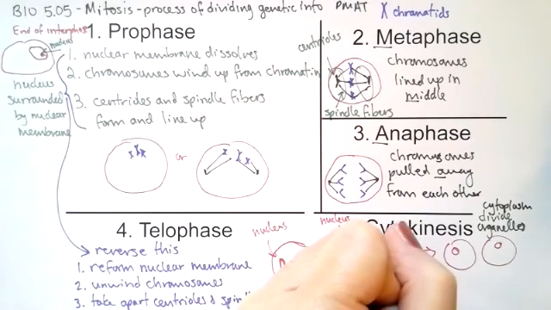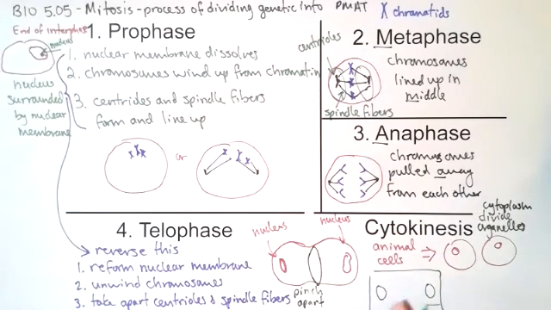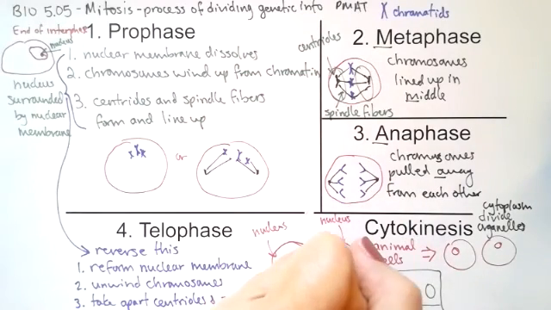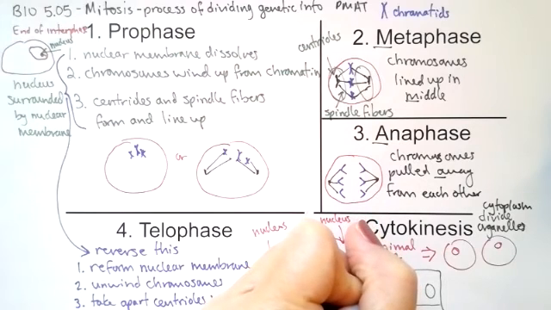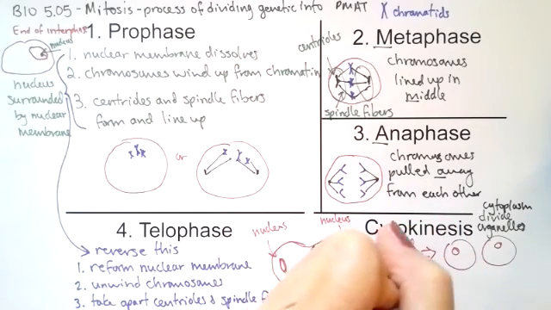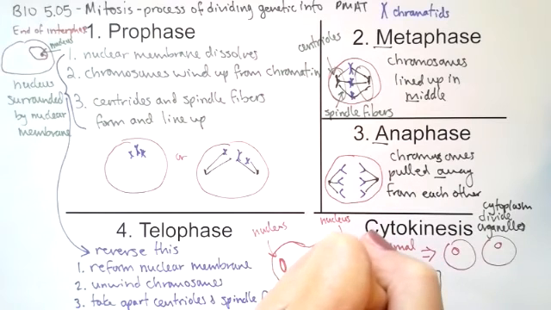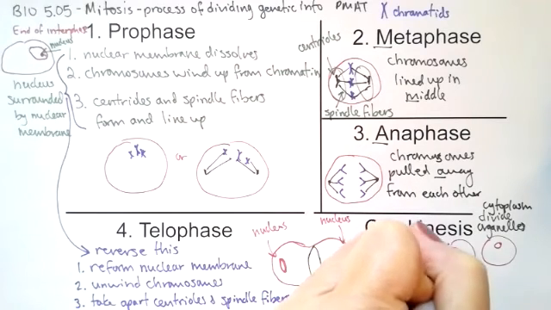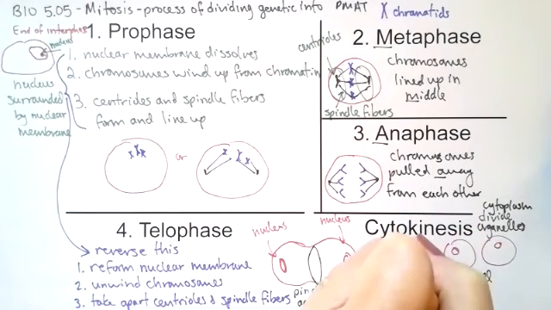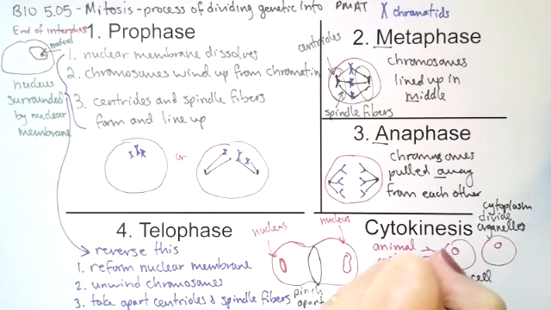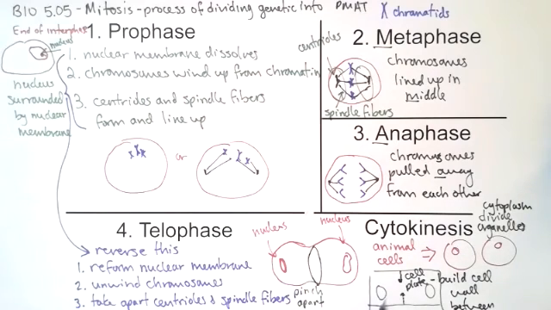These are my two new nuclei. The cell will come in and it will build a cell wall. It'll form a cell plate. And it will actually build a cell wall between. So in this case, these get pinched, and as that's happening, we get a division. And in here, we build a cell plate between the two plant cells. We would end up then with two exact copies of a plant cell.